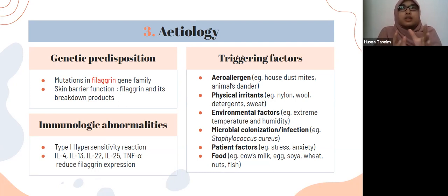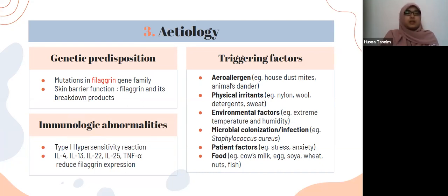The most important one is the mutation in the filaggrin gene family, which is the genetic predisposition, because filaggrin is a protein in our skin layer that gives protective function to our body. We know that skin should act as a barrier against allergens and infection and so on. So filaggrin and its breakdown products are important for skin barrier function.